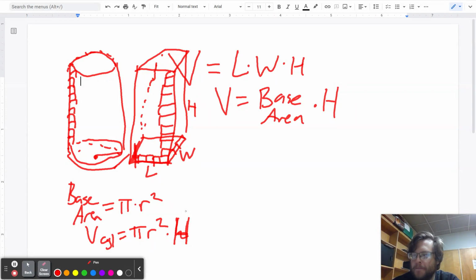Now, the surface area, I think, is a little bit more interesting. If you take a piece of paper, I've got several pieces of paper. If you take a piece of paper like this, you can make it into a cylinder just by rotating it, just by wrapping it, into making a little bit of a tube. There we go.